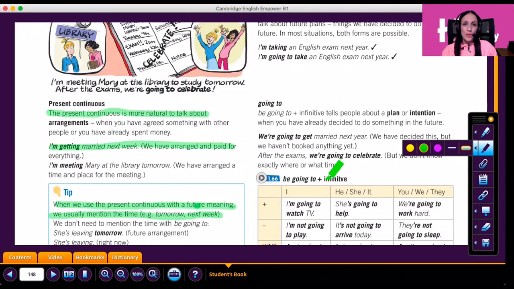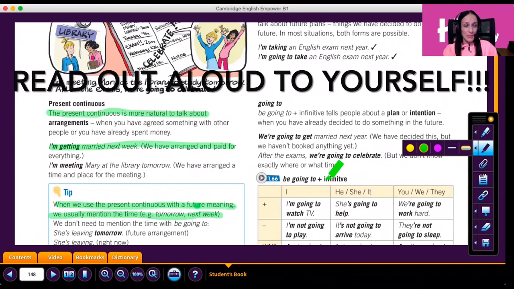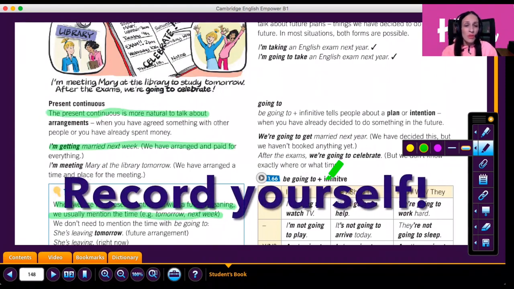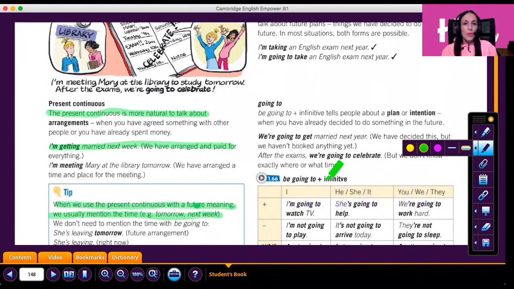Now, if you are not in a group and if you are at home, you can still discuss, right? It may seem a bit weird, and it may not be the same as being with someone else, but you can read out aloud, or you can explain out aloud to yourself. You can do this by recording yourself on your cell phone, or you can just do it out aloud.